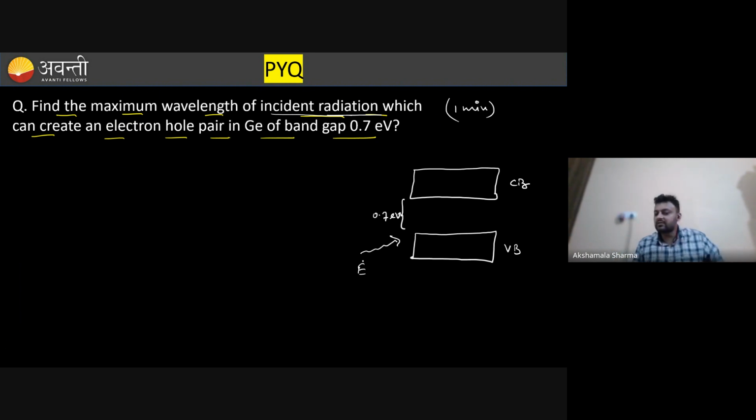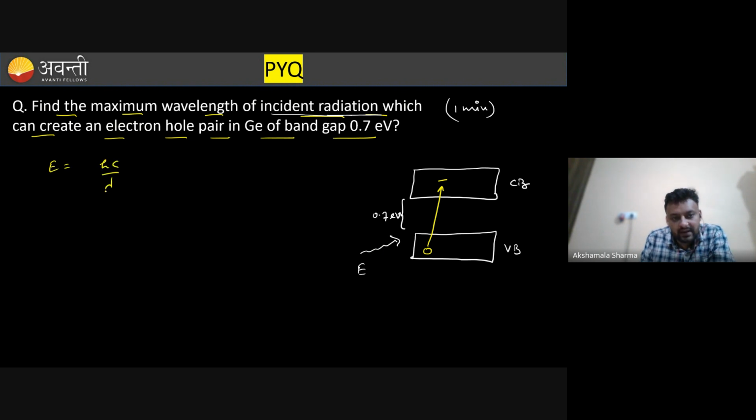And after receiving the energy, electrons will jump from valence band to conduction band. And if an electron jumps, it will create a hole. So a hole and electron pair will be created. So they are asking, what should be the wavelength? So if you are giving energy in the form of photons, the energy is what?